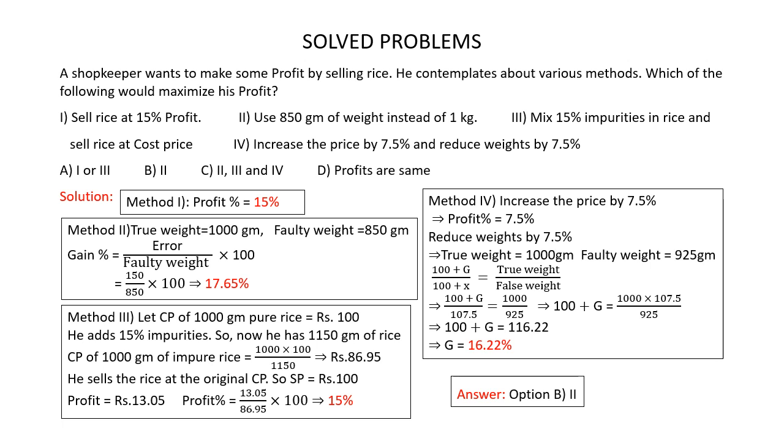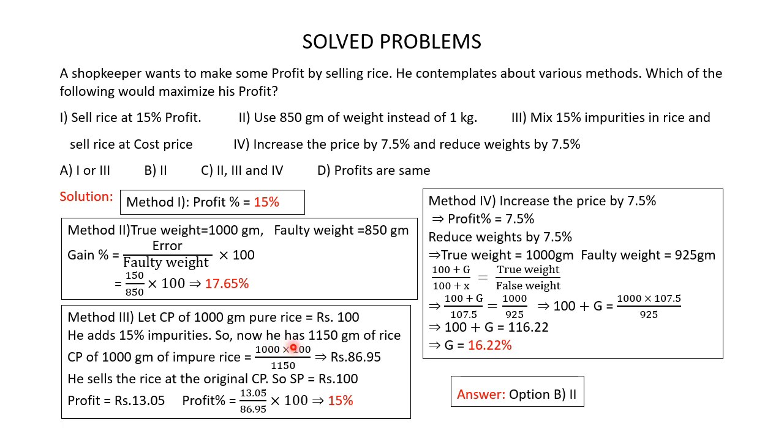In method 3, the shopkeeper mixes 15% impurities in rice and sells the rice at cost price. Now here we do not know what is the cost price. So let's assume that the cost price of 1000 grams pure rice is rupees 100. Now it's given that he adds 15% impurities. Now 15% of 1000 is 150.